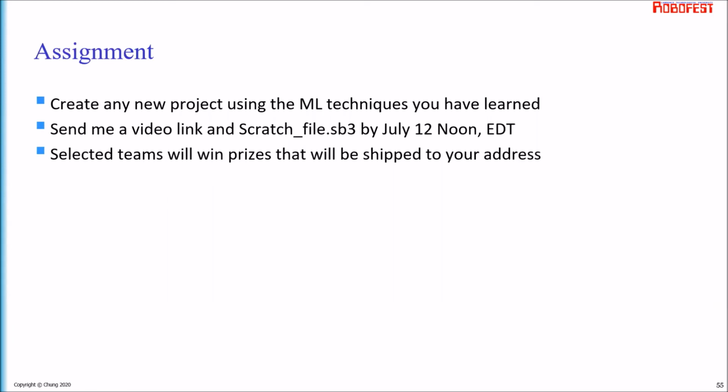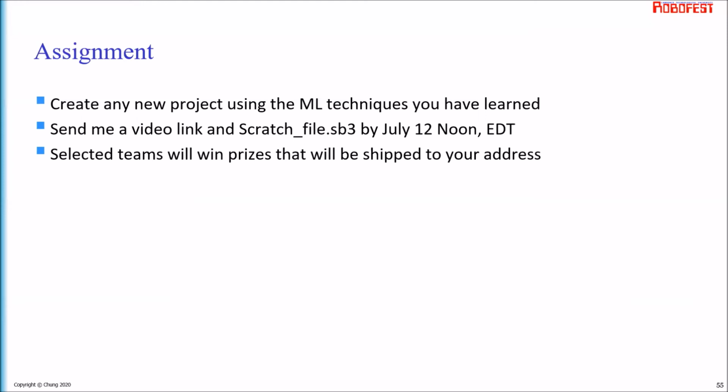You can just modify something and send me your video link with your Scratch file by July 12th noon. Then selected teams will win prizes. At this time, I promise to ship to your address. So do something during this weekend.